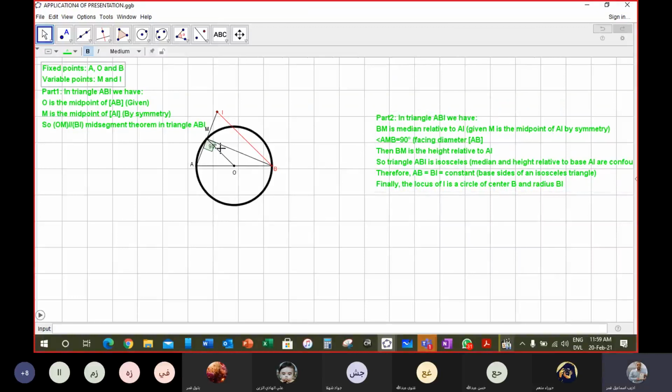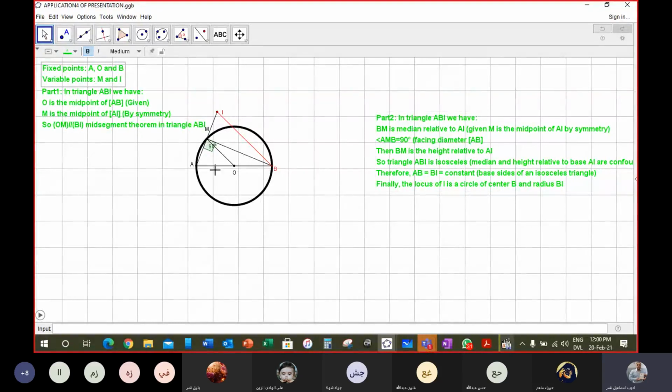So in triangle ABI, BM is the median and the height relative to AI. This means triangle ABI is isosceles, because the median and height relative to the base coincide.